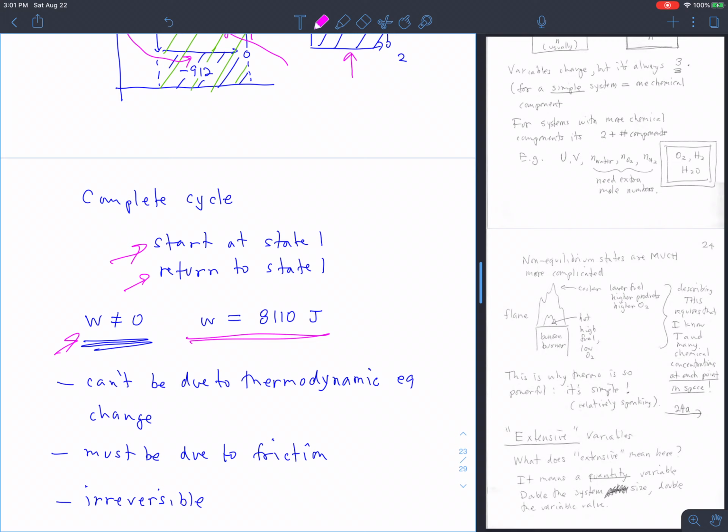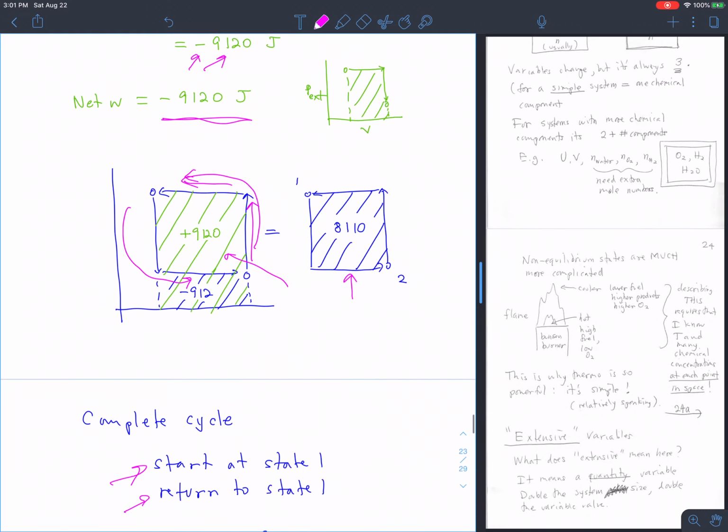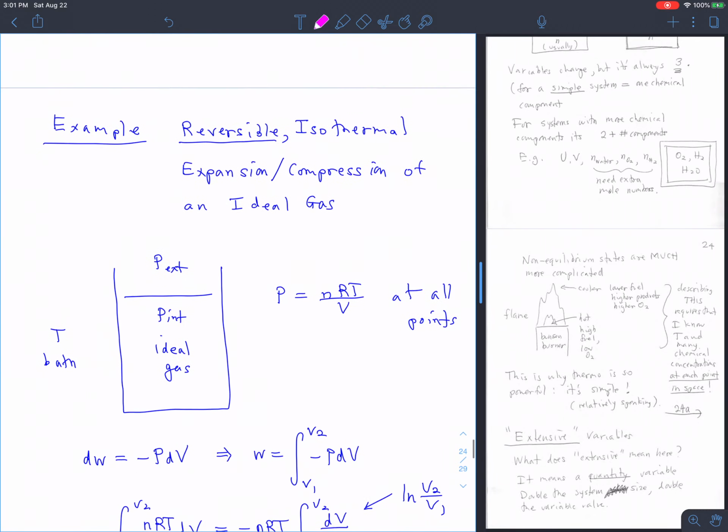The net work is 8,110 joules, and that has to be against friction or some similar dissipative process. That means the work can't be due to thermodynamic change, it must be due to friction. This must be an irreversible process. Anytime you see a loop like that, you know you've got an irreversible process.